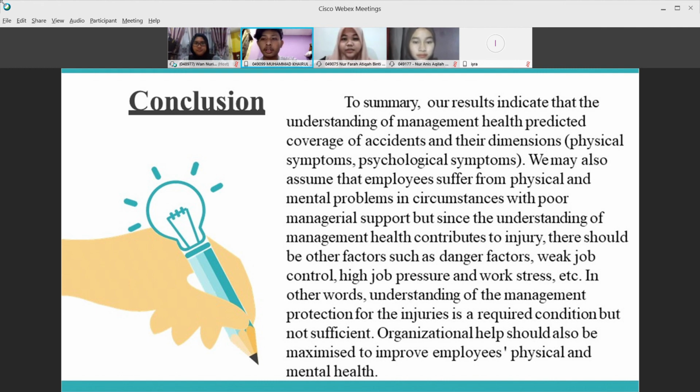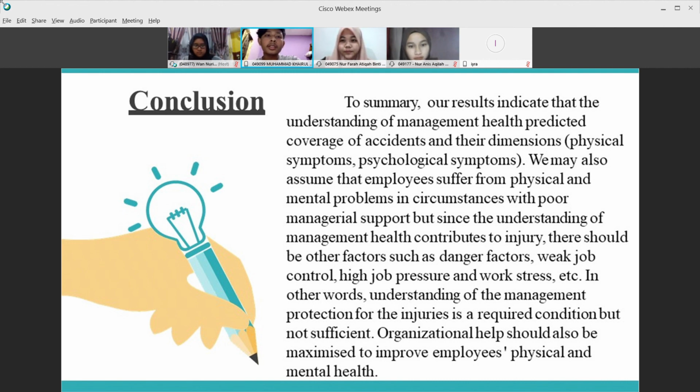From that, we can conclude that our results indicate that the understanding of management predicts coverage of accidents and their dimensions, physical symptoms, and psychological symptoms.